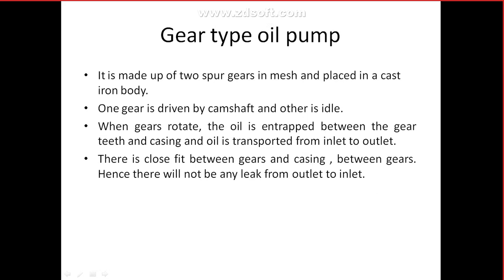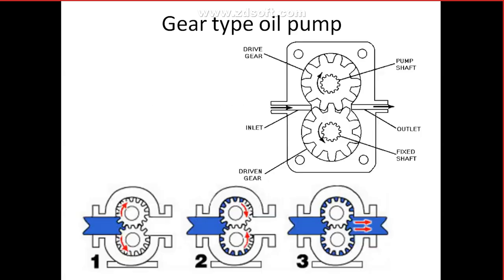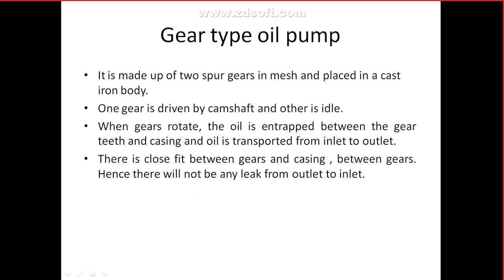This gear type oil pump is made up of two spur gears. Okay. So these gears you can call spur gears, in mesh and placed in a cast iron body. The outer body is a cast iron body. One gear is driven by a camshaft and the other is idle. So once you rotate one gear, the other gear automatically rotates.